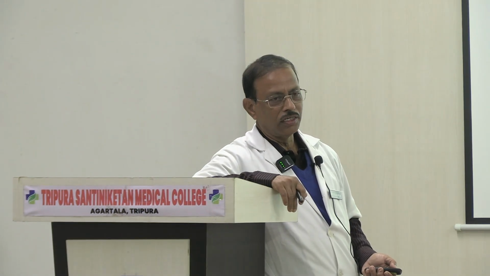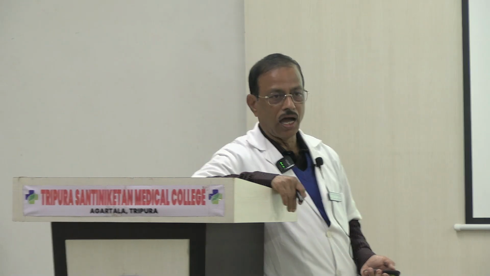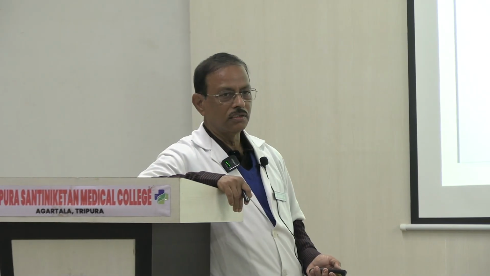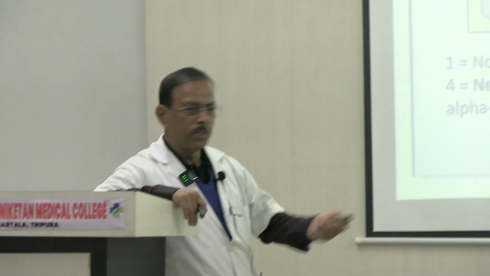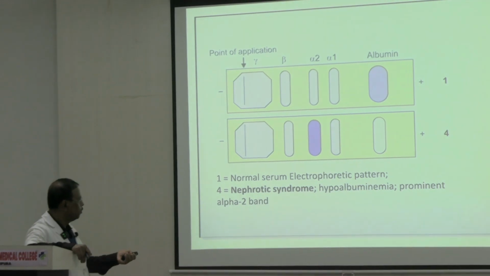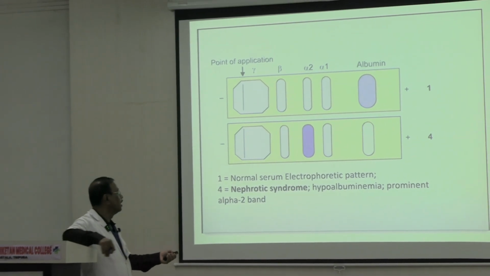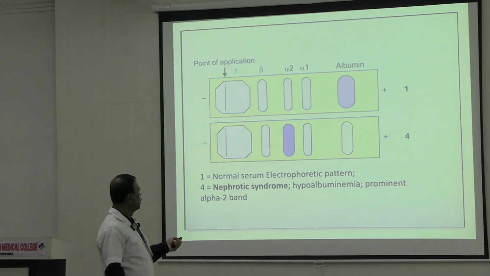When hemoglobin is less, anemia. When albumin is less, hypoalbuminemia. So there will be hypoalbuminemia, so the albumin part has become less.